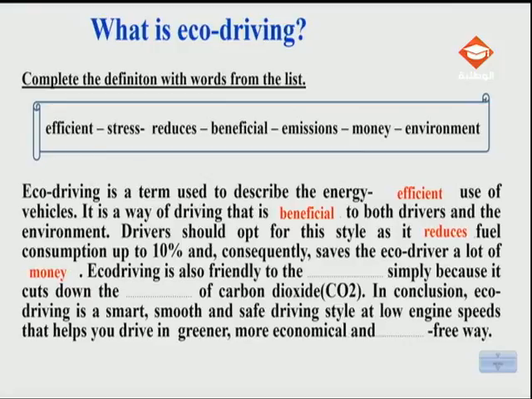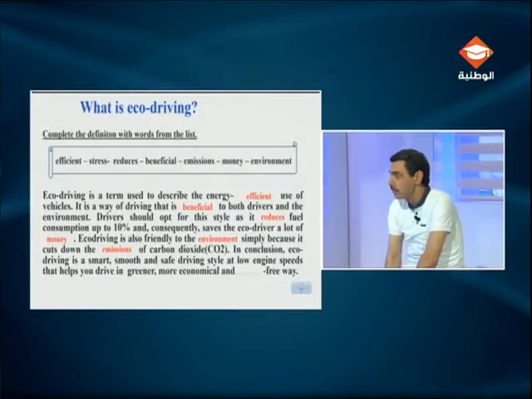Eco-driving is also friendly to the environment, simply because it cuts down the emissions of carbon dioxide, CO2. Excellent. So far, so good. We just have the last one. In conclusion, eco-driving is a smart, smooth and safe driving style at low engine speeds that helps you drive in a greener, Miss?